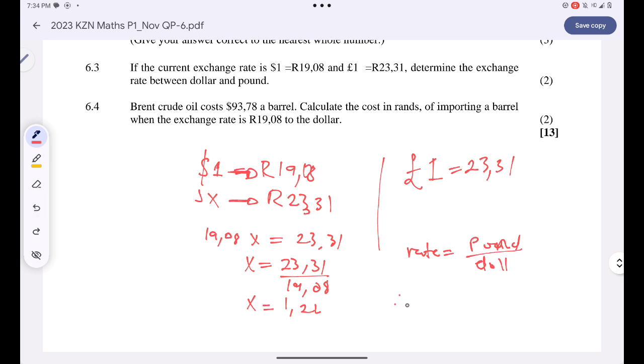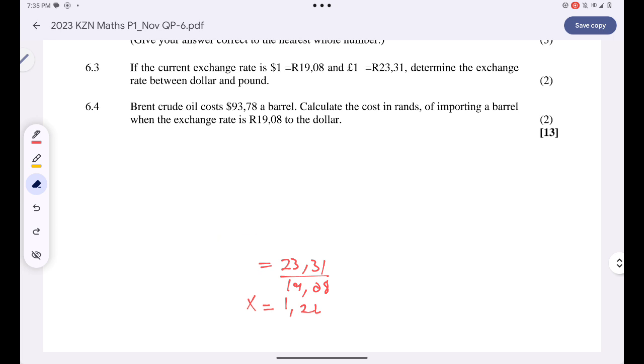So this simply means that $1 is equal to 1.22 pounds.